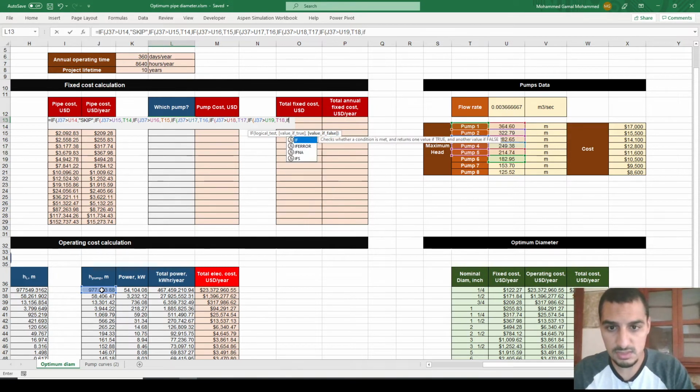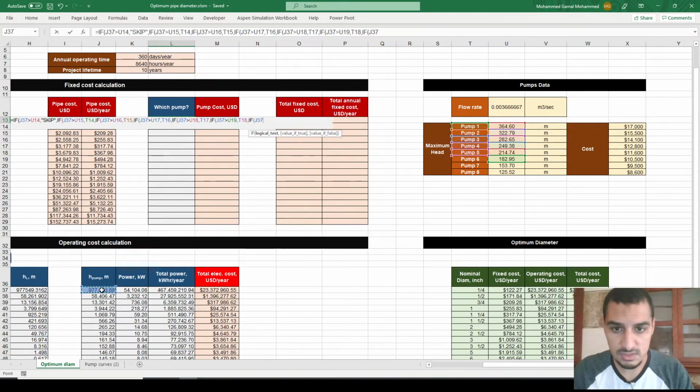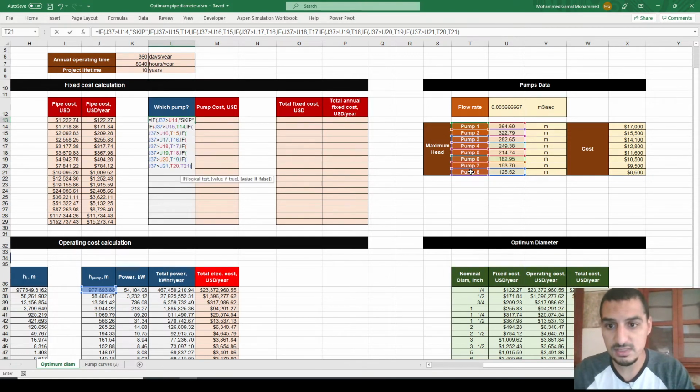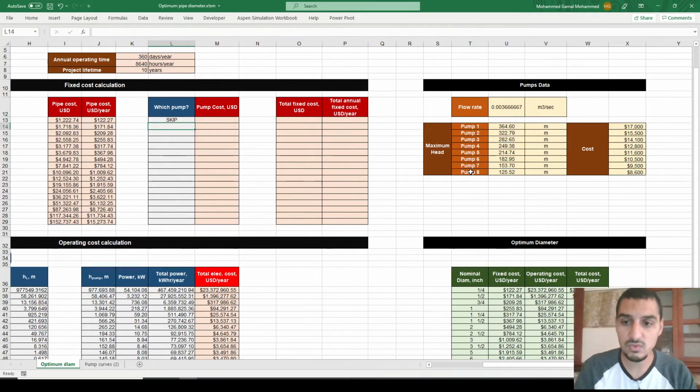Then it's gonna be this, and if this is larger than this, it's gonna be the sixth pump. And this is the last if condition. If this is larger than 125, it's gonna be pump 7. Otherwise, if it's smaller than it, it's gonna be pump 8. And this is a lot of brackets that have to be closed, and we're done.